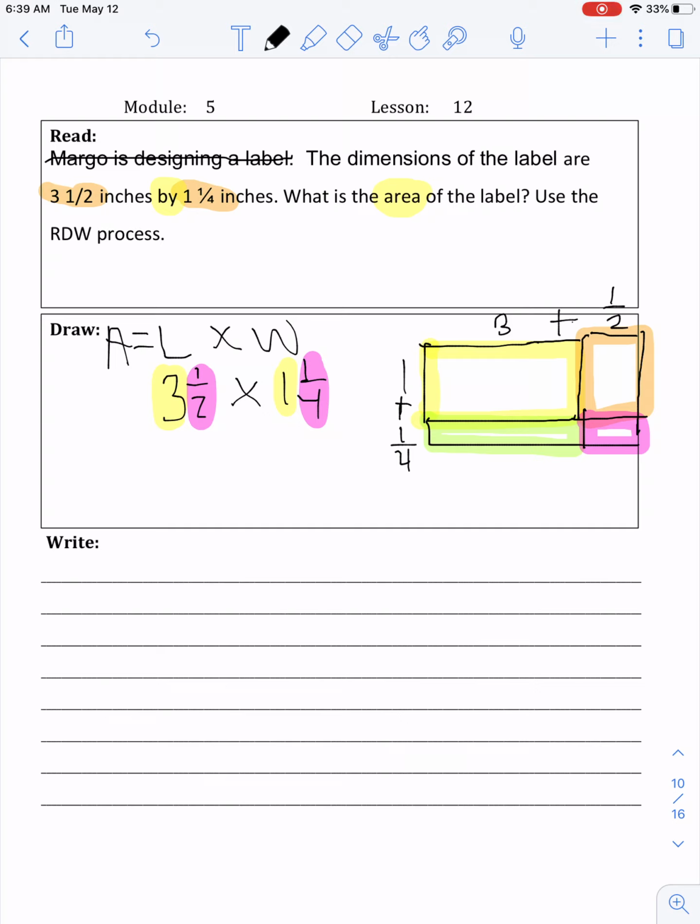So we have area of 3 times 1 plus 1/2 times 1, that's the orange, plus, I'm going to put it over here, 1/4 times 3, that's the green, plus 1/2 times 1/4, that's the pink.